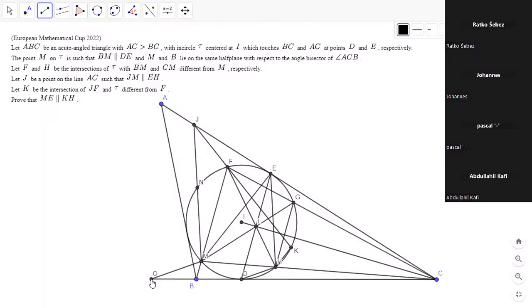If we can show that, then it's kind of easy because it's homothetic to EGHD, right? Actually, not sure, but I had an angle chase.